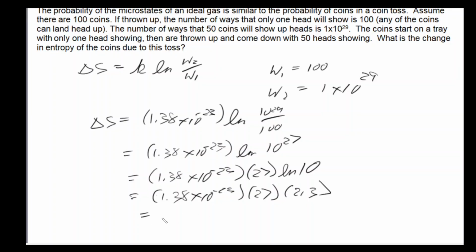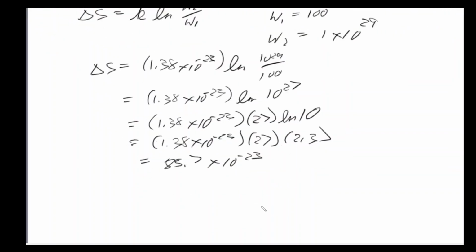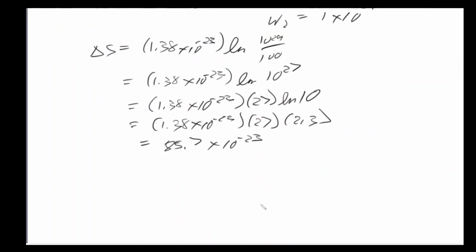So this equals 85.7 times 10 to the minus 23rd, or let's just say it's equal to 8.6 times 10 to the minus 22 joules per Kelvin. That's the change in entropy in going from one coin heads up to 50 coins heads up.